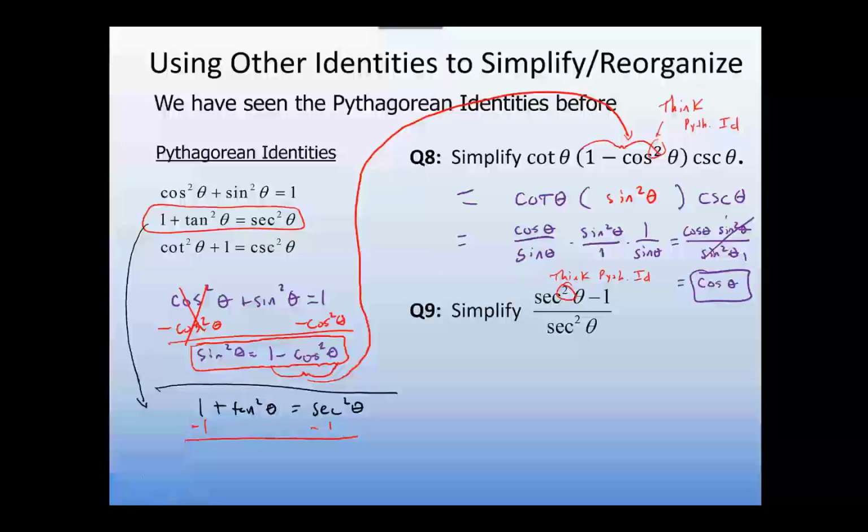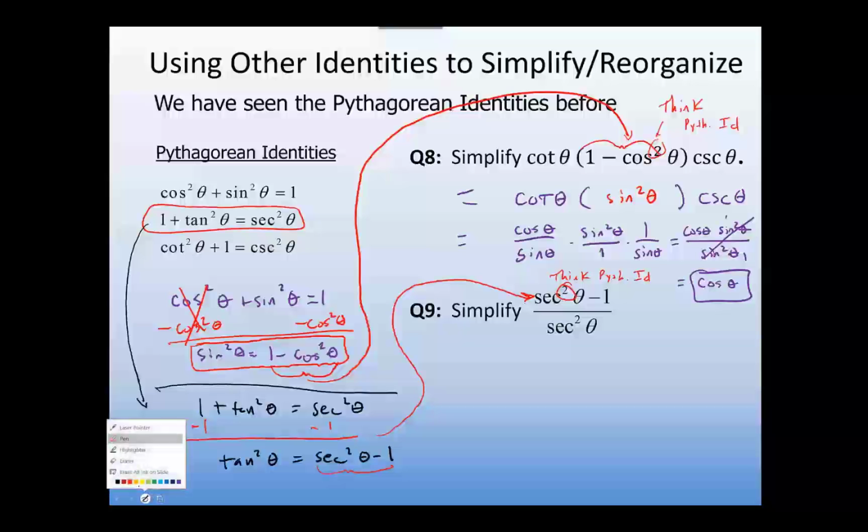I'm going to have tangent squared theta equals secant squared theta minus 1. Hey, this part of the Pythagorean identity looks just like the top of that fraction. So I'm going to use this second variation of the Pythagorean identity here.